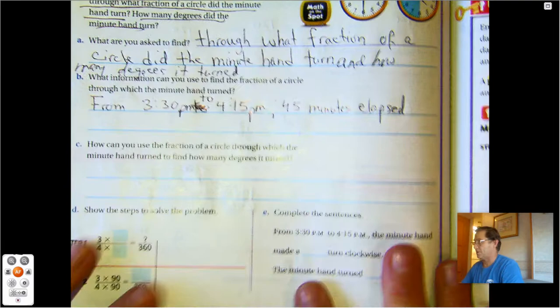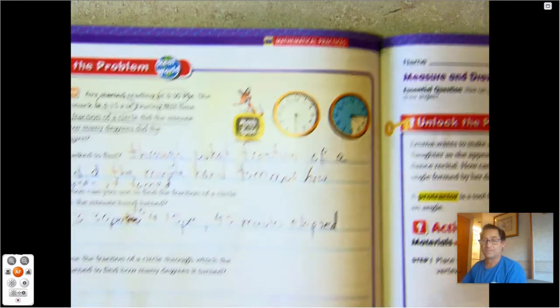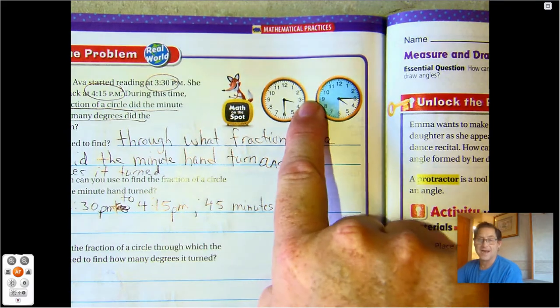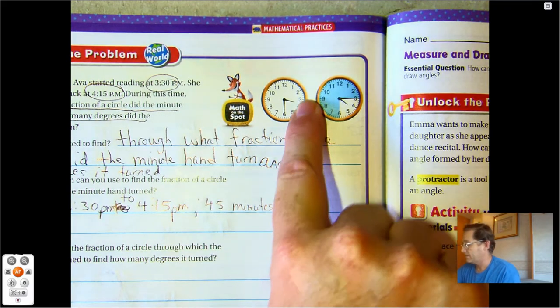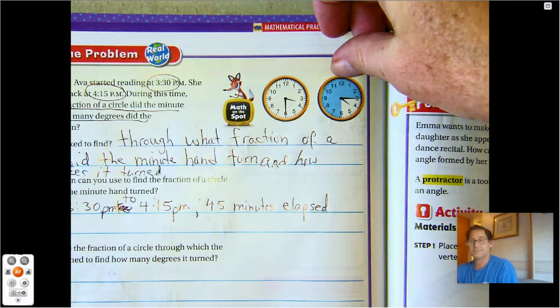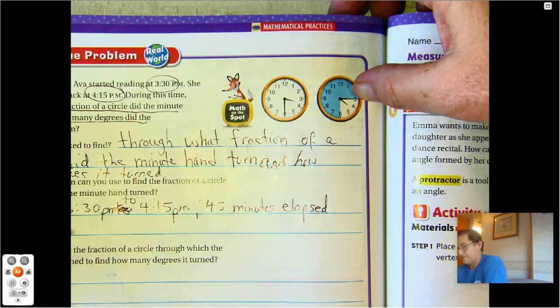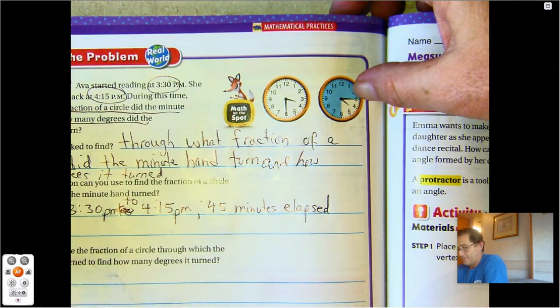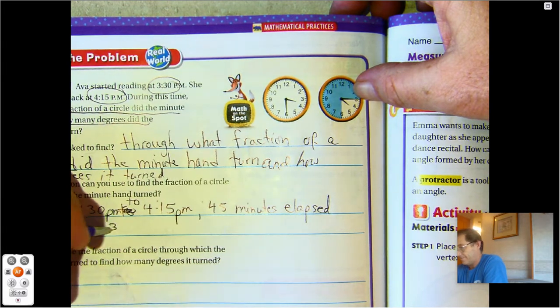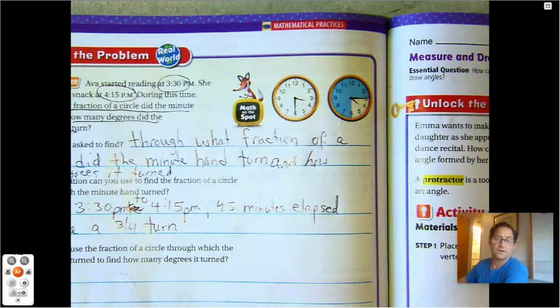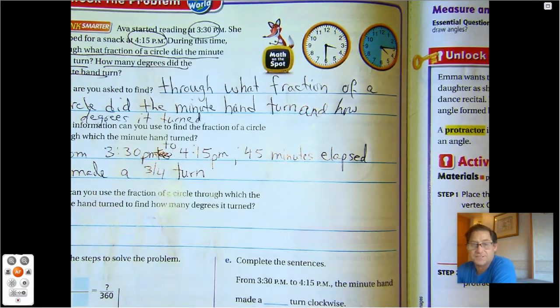So how many turns did the minute hand make? Well, if it starts here, to the 9 is 1/4, to the 12 is 2/4, to the 3 is 3/4. It made a 3/4 turn. Okay, so how can we use this information?